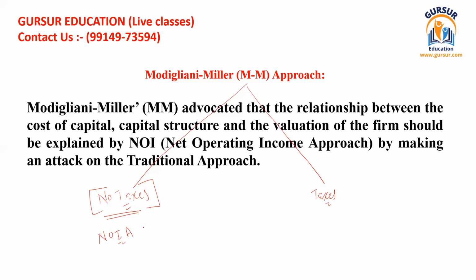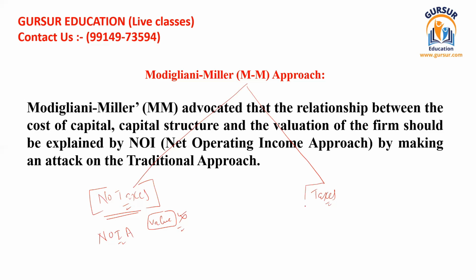So that tells you that value of the firm is not going to rise in any way. It's completely the benefit of employment of debenture completely offset by the increased cost of equity capital.